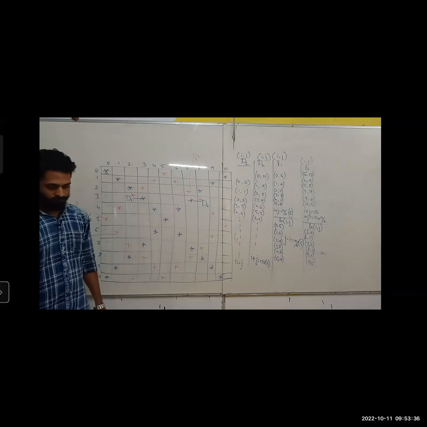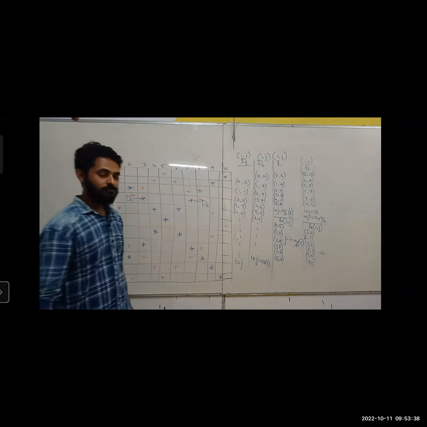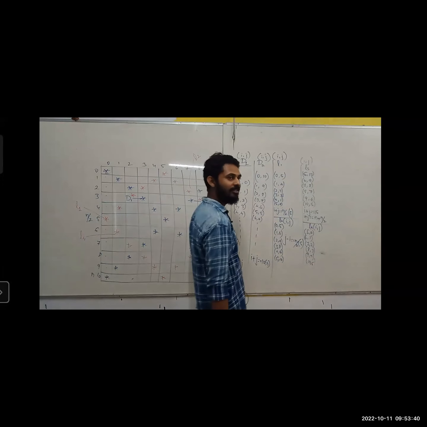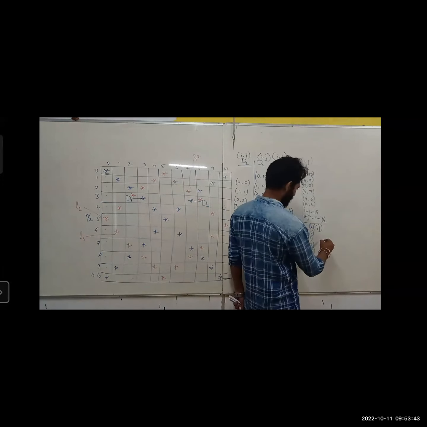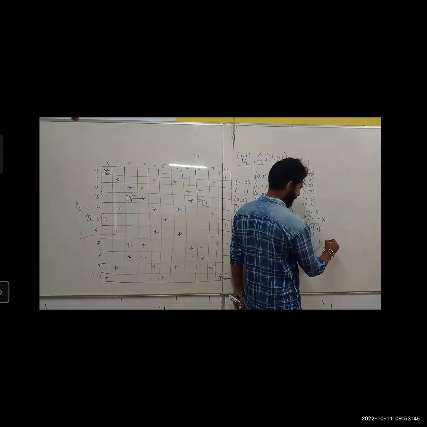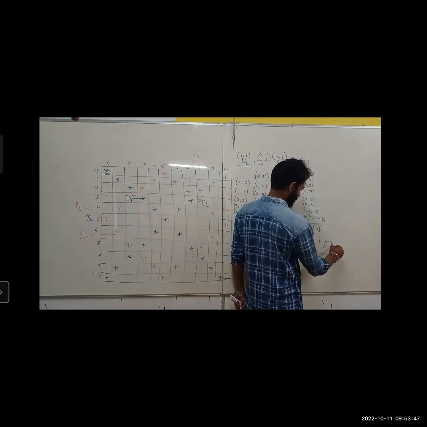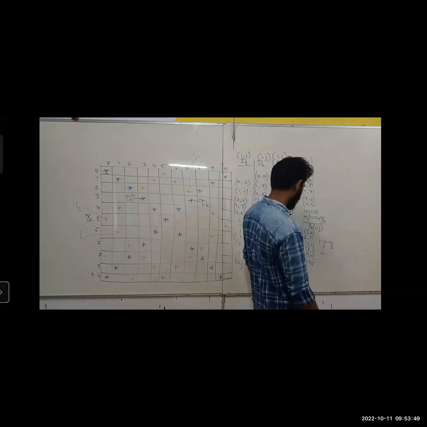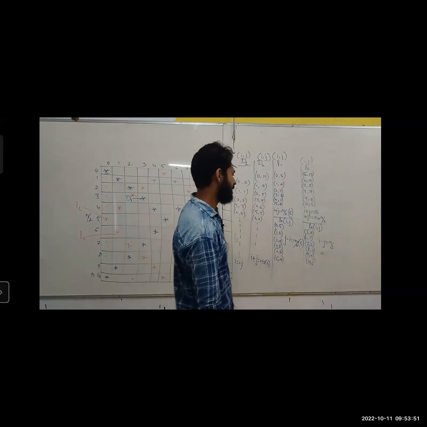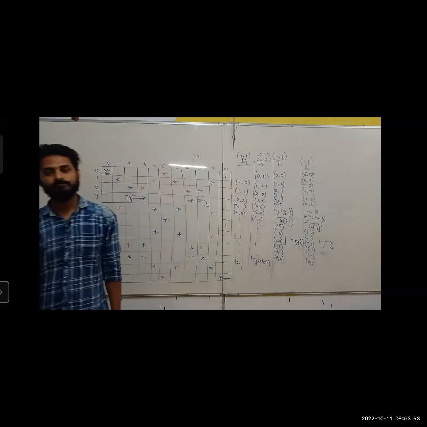I minus j is equal to n by 2. All the logics you got? Yes. I minus j is equal to n by 2 means 5 minus 0, 6 minus 1, 7 minus 2, 8 minus 9. Yes.